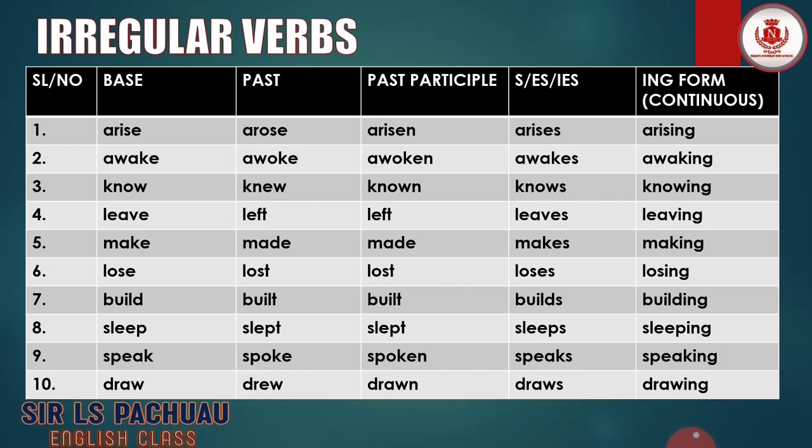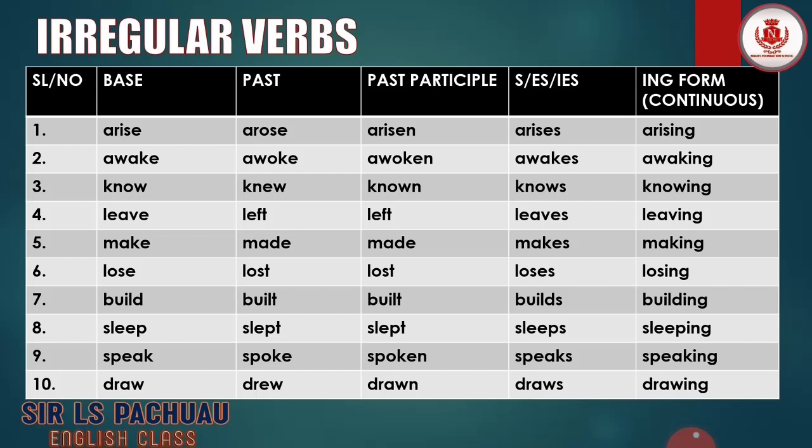Build, B-U-I-L-D, not builded, but we conjugate it into built. D will turn into T in the past tense, built. Sleep also will turn into slept, not sleeped, not ed, slept. Speak also, not speaked, will be spoke. Draw also drew, D-R-E-W.